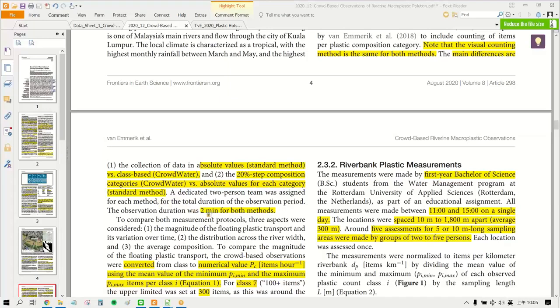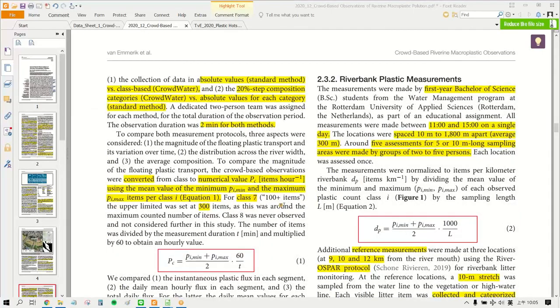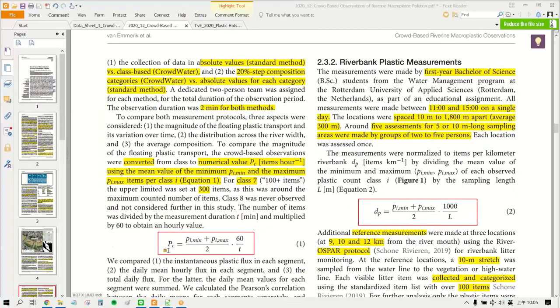And the observation duration will be only 2 minutes for both methods. There is a function to transfer their raw data into a numerical value, which is items per hour.